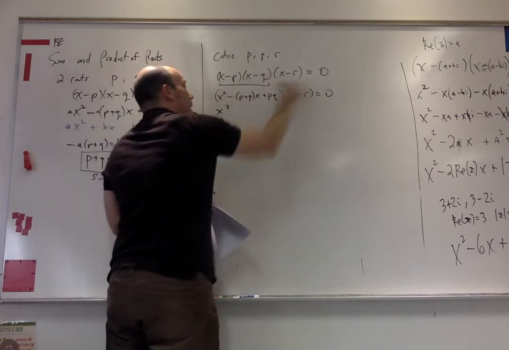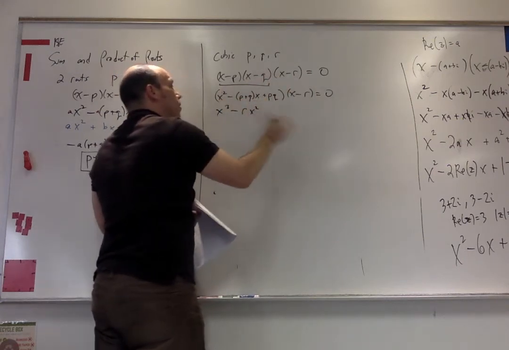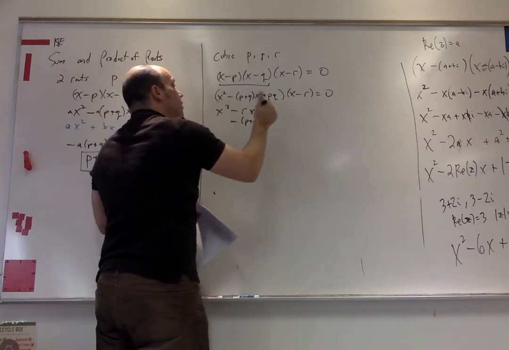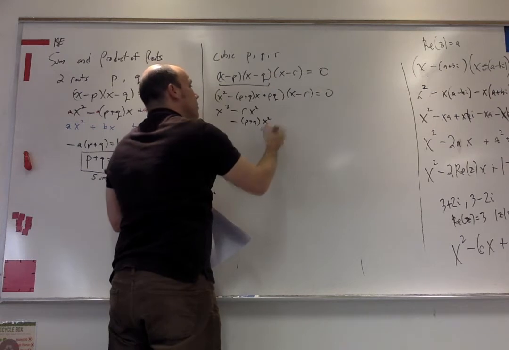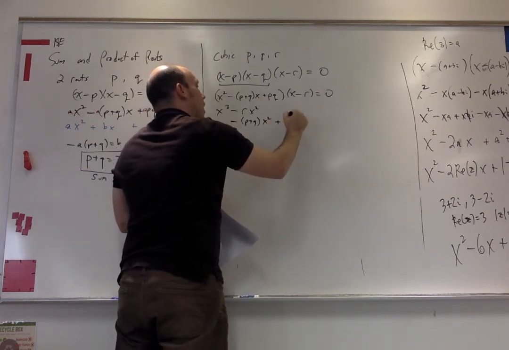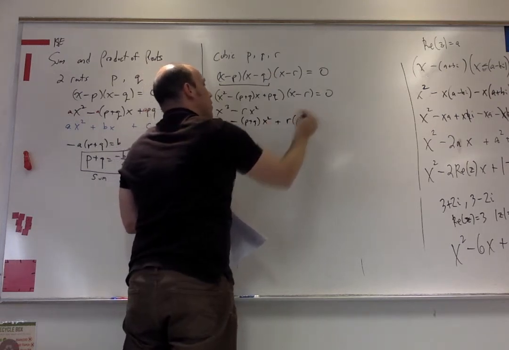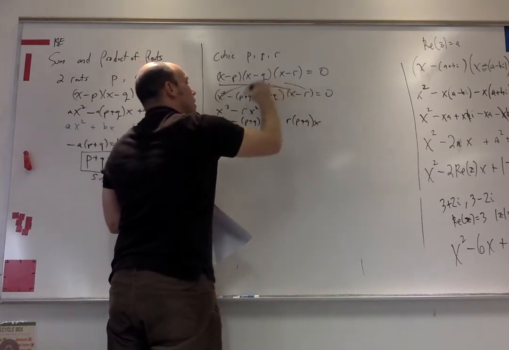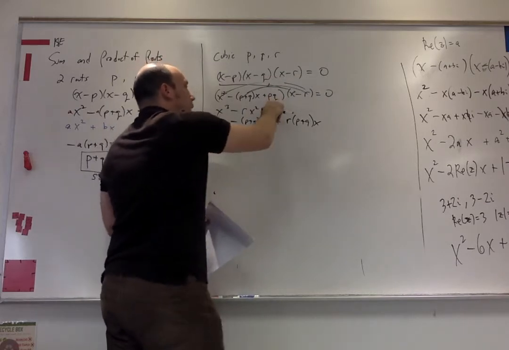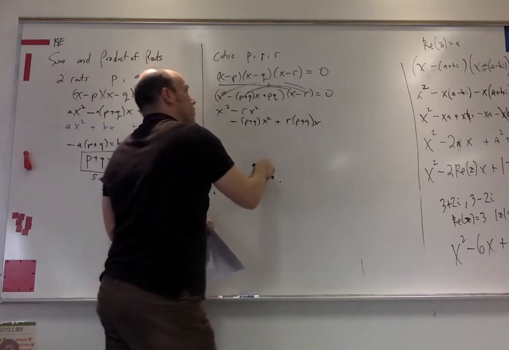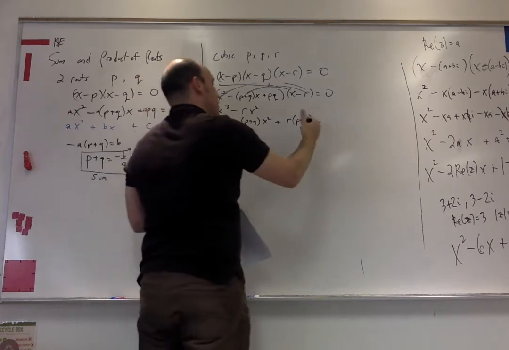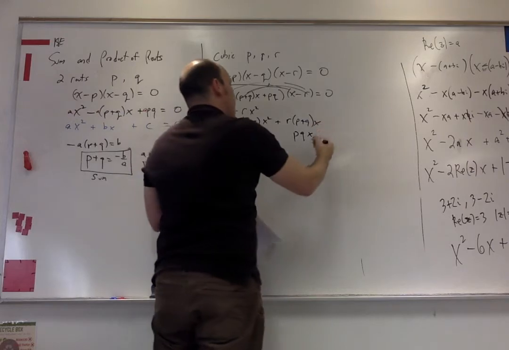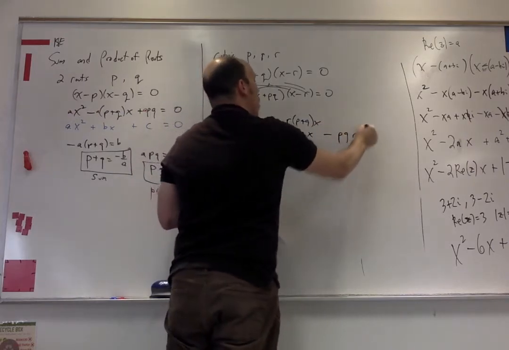We have negative R x squared, negative (P plus Q)x squared, plus R times (P plus Q)x, and then the last one is PQx, and then minus PQR.